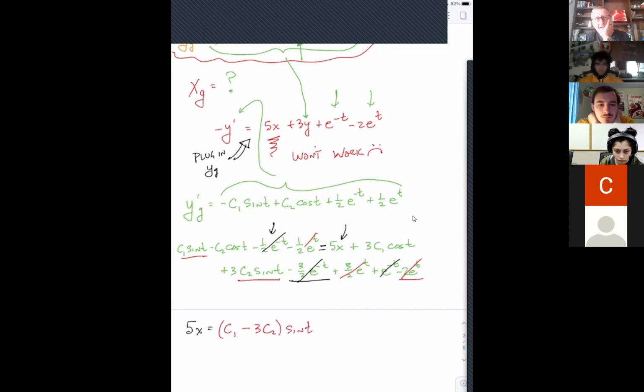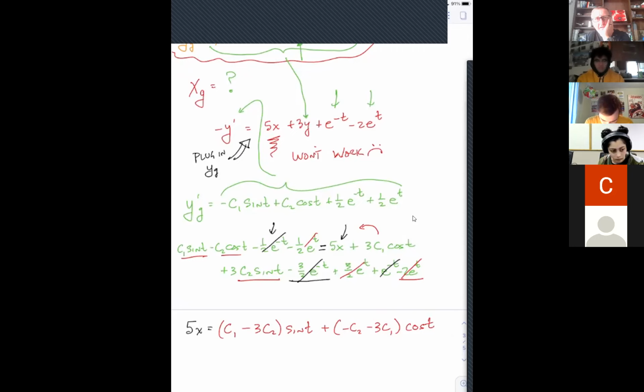So there's my sine terms. And then if I subtracted this away from that side to go with my other cosine over there, I'd have negative c2 that's already over there, and then I'd be subtracting 3c1 over there. And then I just divide by 5.